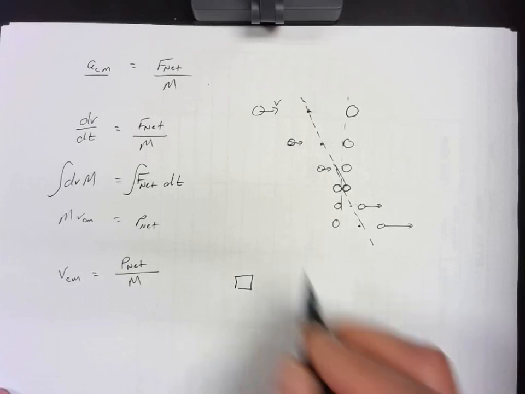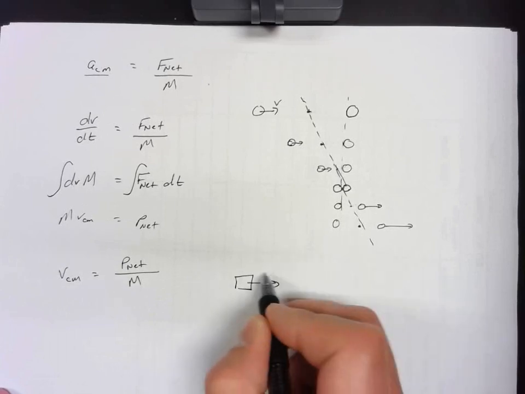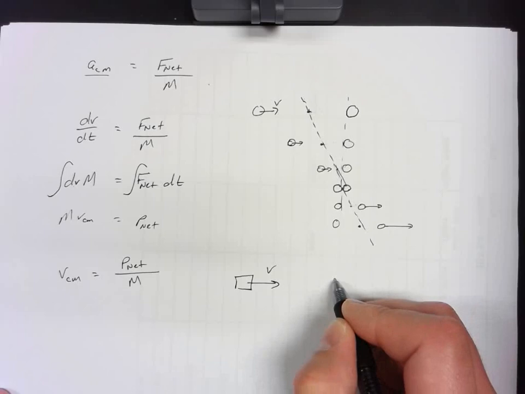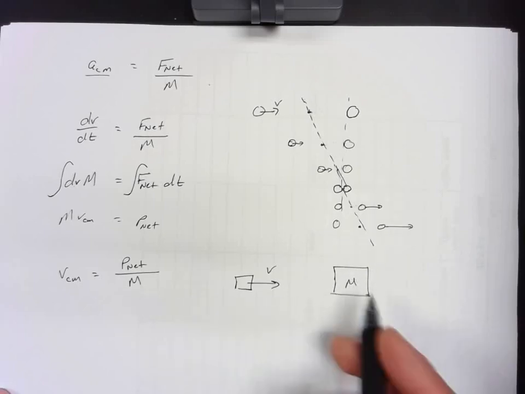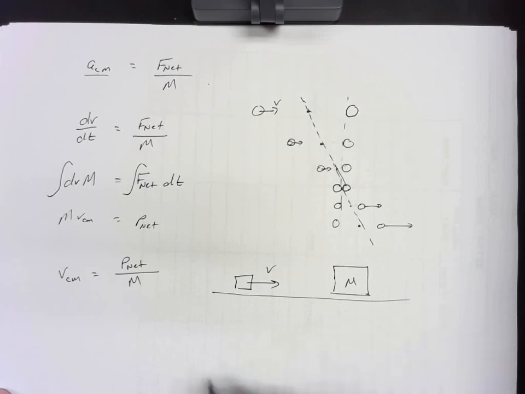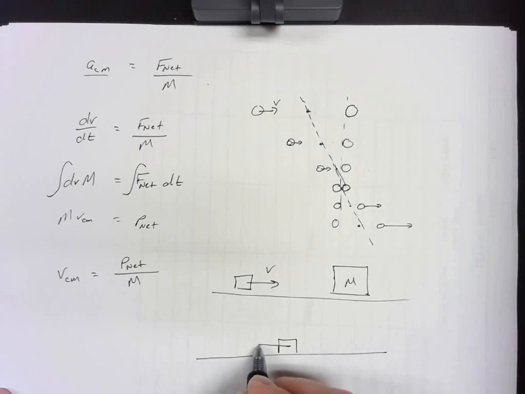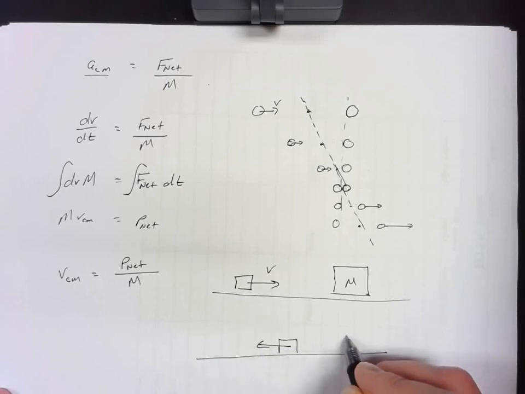If I have a block sliding this way at a high speed and hits a much larger block that is stationary, okay, what could happen after the collision is that the first block can be sent backwards while this block is sent this way at a very small speed.